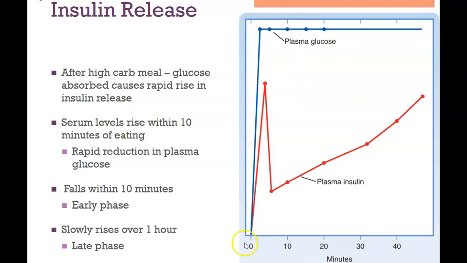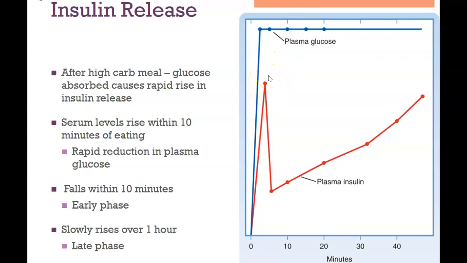So this is a controlled experiment where they're infusing glucose into a patient, but this would be the same thing you would see if you had a nice meal. So initially when you start eating and things are broken down into its component products like glucose and other starches and sugars, we see that glucose levels in the blood go up, and then we have this nice spike in insulin.